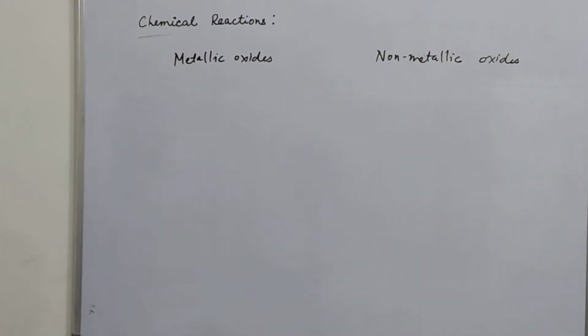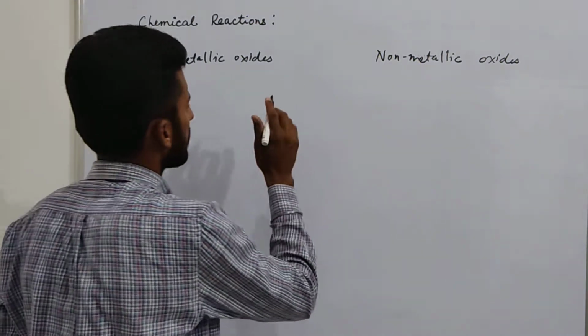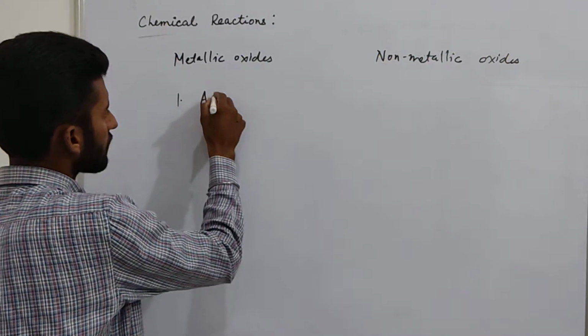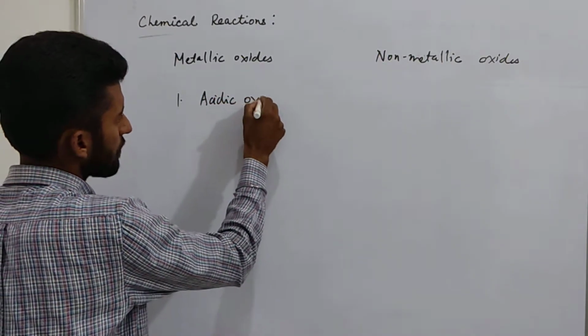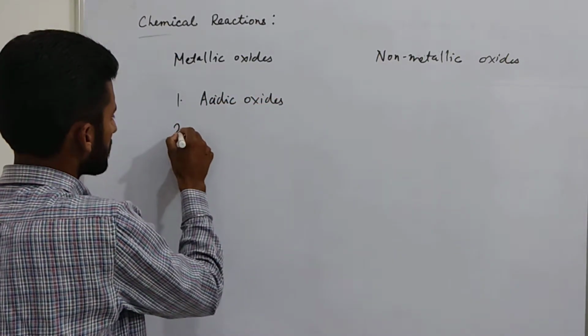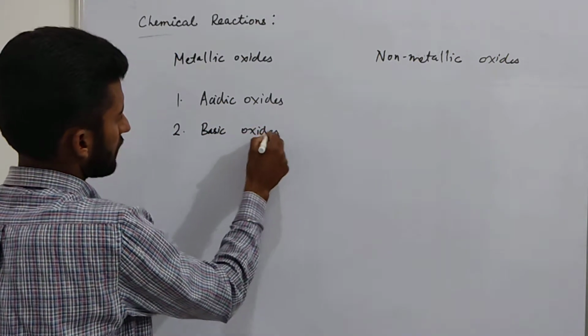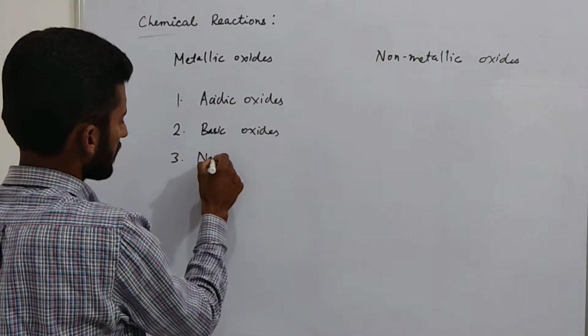Based on metallic and non-metallic oxides, we have oxides of three basic categories. First one are known as acidic oxides. Second one are known as basic oxides. And third one are neutral oxides.